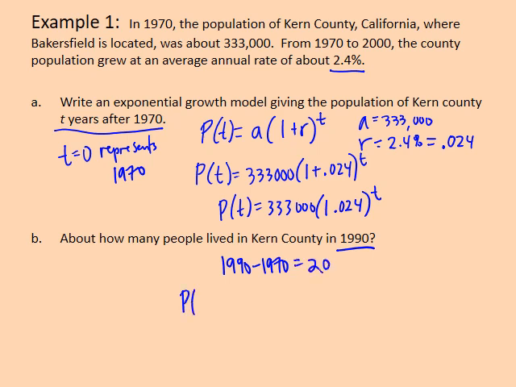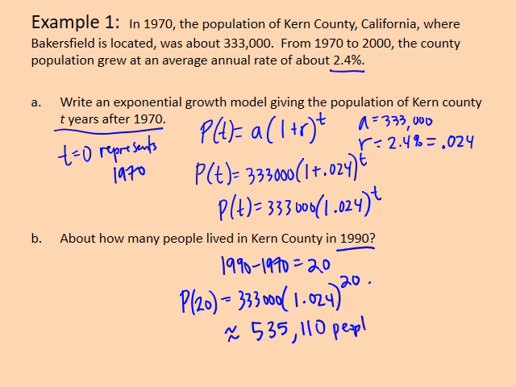So we're going to do P of 20 equals 333,000 times 1 and 24 thousandths, all raised to the 20th power. When we enter that into our calculator, we end up with 535,110 people. Because we're talking about people, we're going to round to the nearest person and not give any decimal approximations.